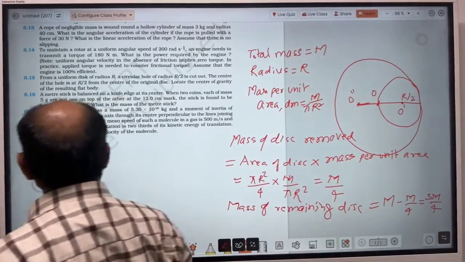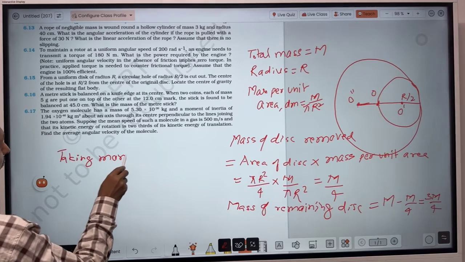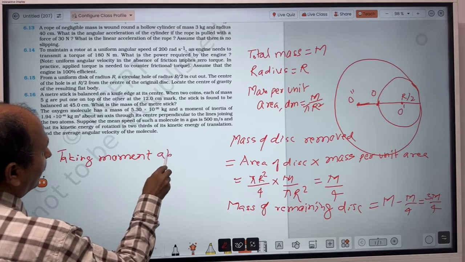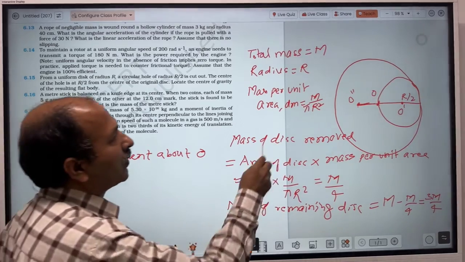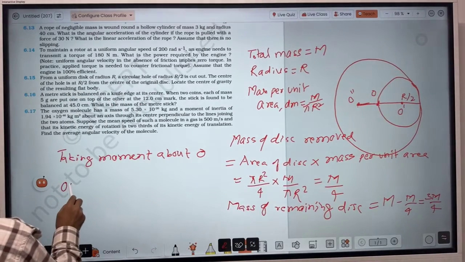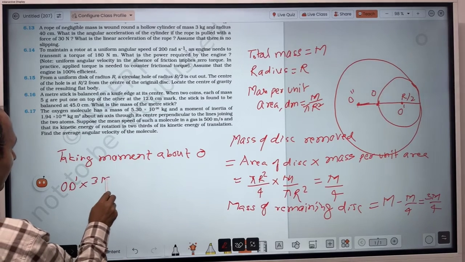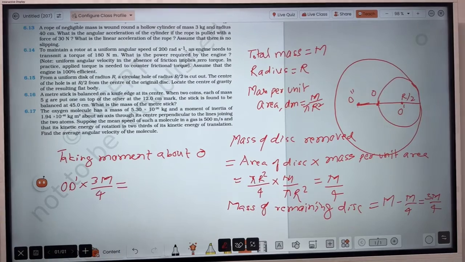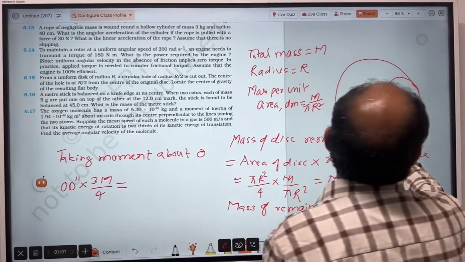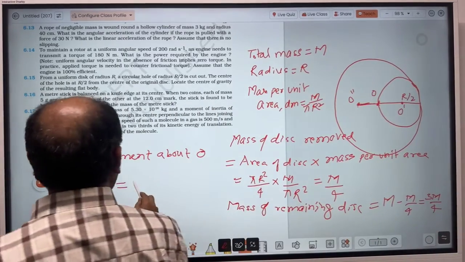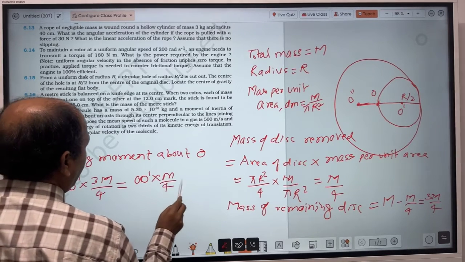So taking moment about O, here O dash, OO dash times the mass of the remaining disk, 3M by 4, must be equal to OO double dash, equal to OO dash times M by 4.